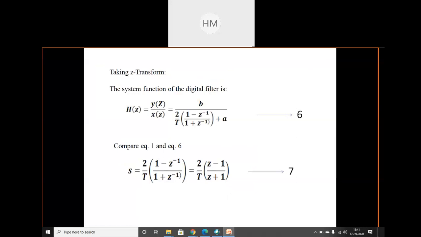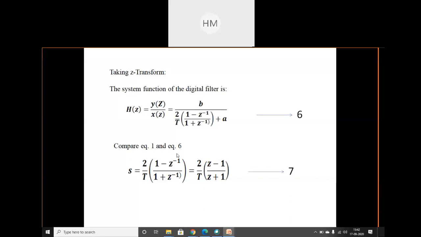Take out common X and Y terms. So taking Z transform, the system function of the digital filter will be this equation. You can leave the space and write down directly this equation. Then you can simplify it later on.